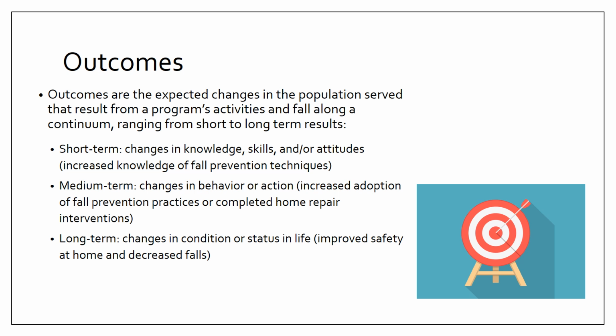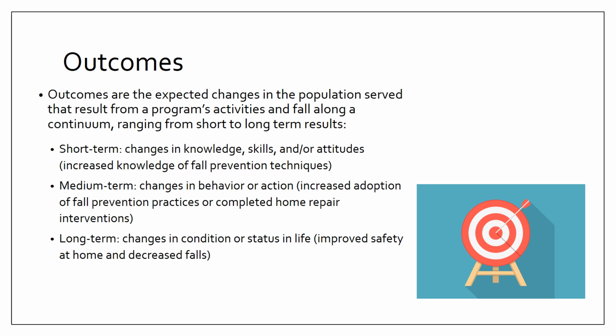Medium-term outcomes refer to changes in behavior or action that result from the beneficiary's new knowledge, skills, or attitudes. Long-term outcomes are often characterized as changes in the condition or status in life that result from the beneficiary's new behaviors or actions. It is important to note that describing the outcome as short, medium, or long depends on the objective, the length of the program, and the expectations of the program or intervention.